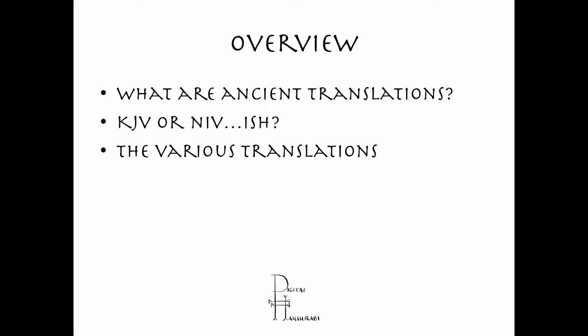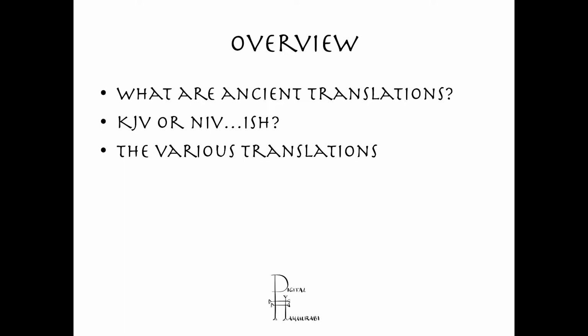So what are ancient translations? We're going to talk a little bit about that, what it actually means. Not the specific ones, but what it means. Then I've labeled point 2 KJV or NIV-ish. So I'll talk about that in a minute, but how did they translate? And that's sort of what I'm getting at there. It'll become clear when I get to that point.